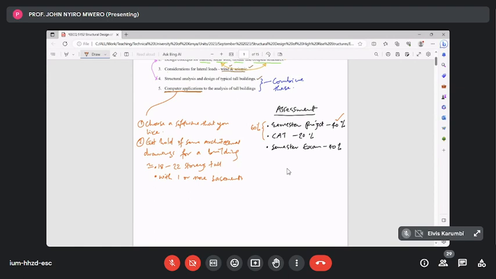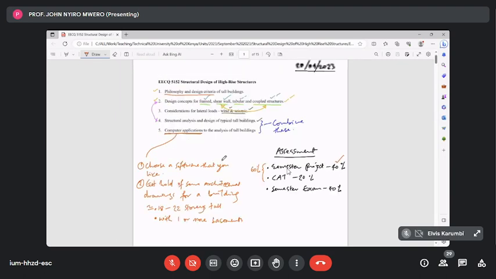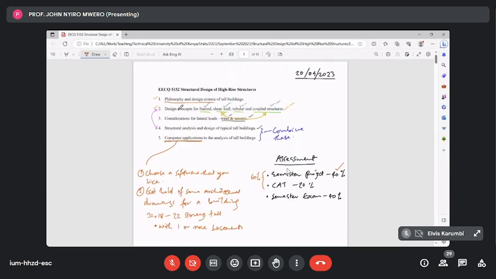Why I'm mentioning this at the start of this course is that I want us, as we discuss these items 1 to 4, to be implementing them step by step on a real life project. As we discuss something, you go and implement it on this semester project.